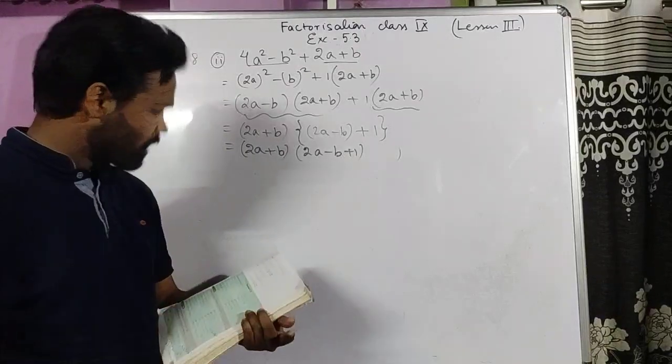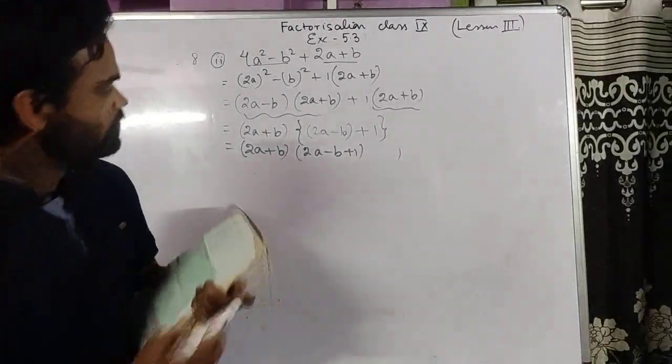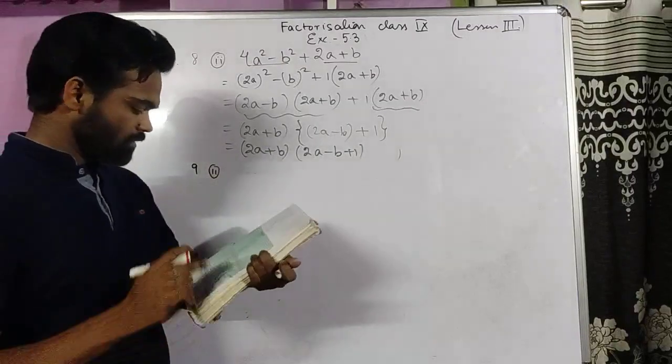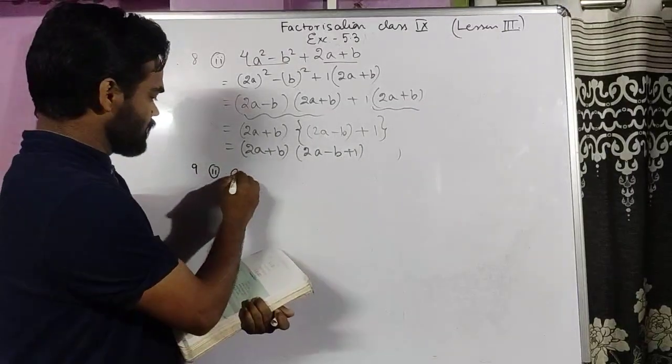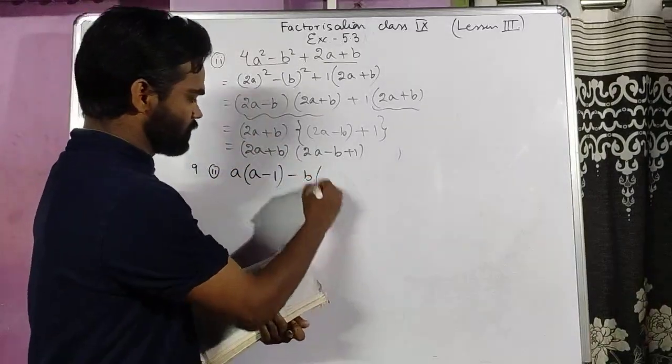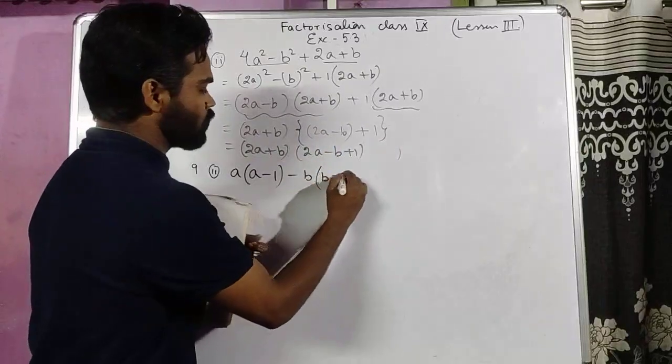Now we look at sum number 9 part 2. This is a bracket (a minus 1) minus b (b minus 1).